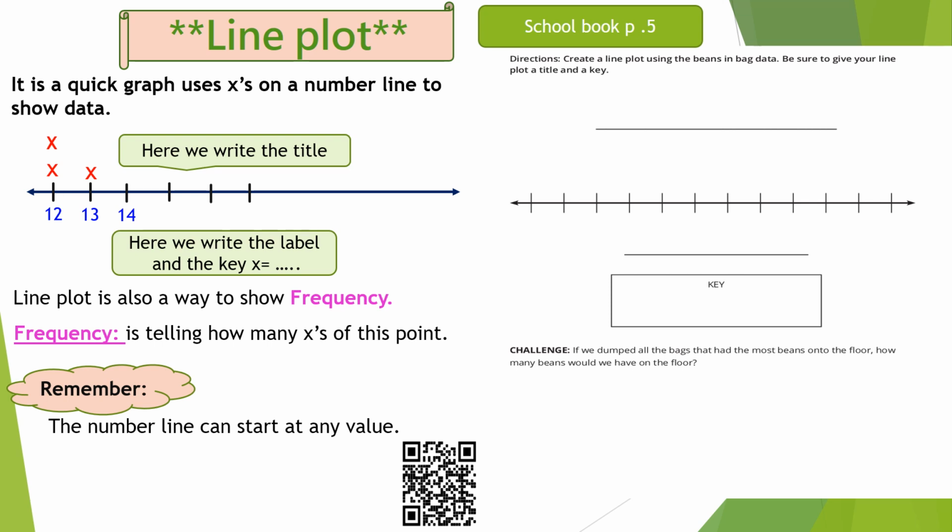Here in lesson 4, let's apply in our math book. Create a line plot using beans in bag data. Be sure to give your line plot a title and a key.